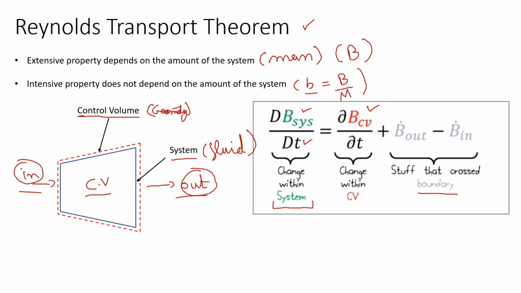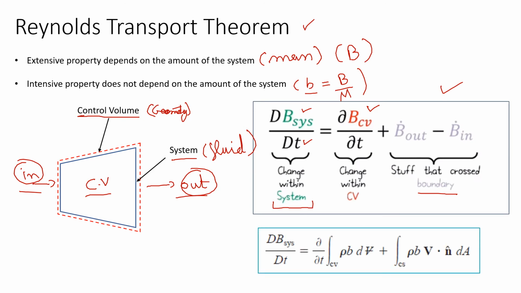This can be further generalized and written like this. So this is the total change in the extensive property of the system, and it is equal to the partial change inside the control volume of the extensive property, and this is the change when the system goes in and out, meaning at the control surfaces.